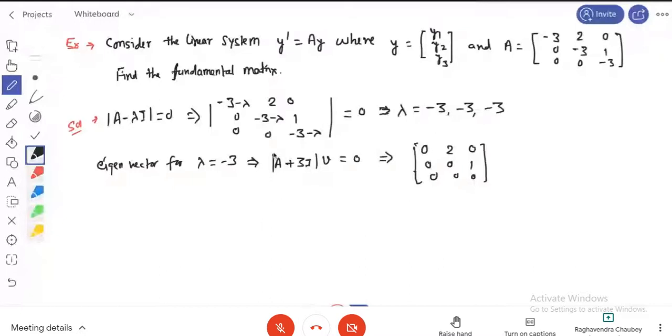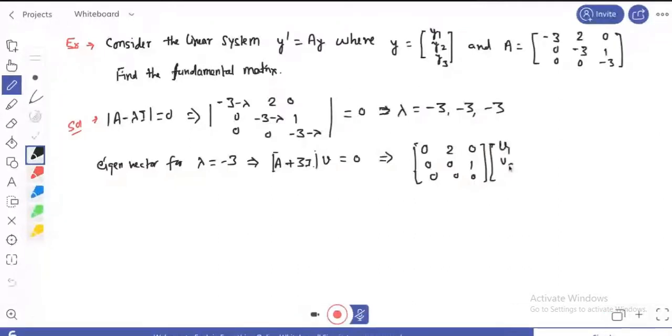Okay, this matrix is multiplied by V, and V is the eigenvector, suppose V1, V2, V3, and that equals 0.